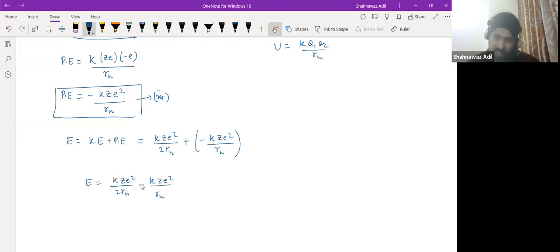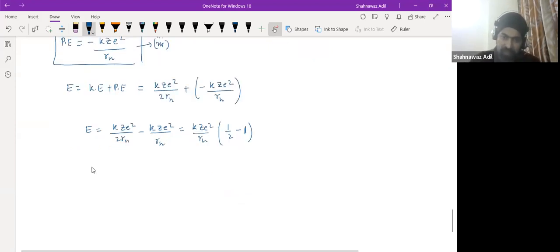We can take kZe square by Rn common, so this is half minus 1, that is, adding half to minus 1. That would be minus half, so minus kZe square by 2Rn.